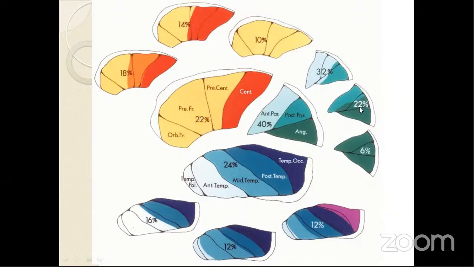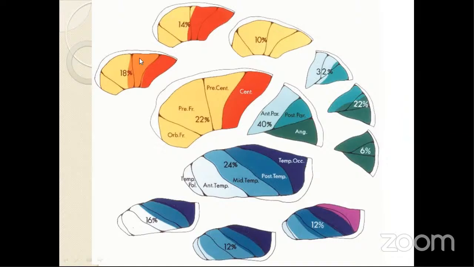The next is parietal area, which is 40%, and it is supplied by 3 different stem arteries, all shaded differently. The temporal area is supplied by 4 different stem arteries. The temporal pole and anterior temporal area from a single stem artery, the middle temporal, posterior temporal, and temporo-occipital from other 3 different stem arteries.